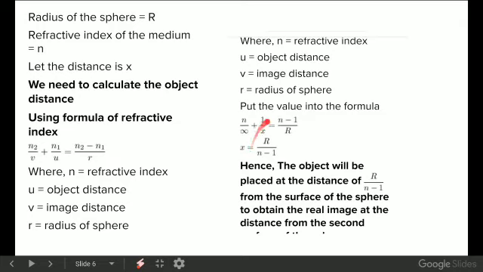So x equals R by n minus 1. When we do the cross multiplication, R into 1 is R, and x into n minus 1, and we need x. So we will get R by n minus 1. So the object should be placed at R by n minus 1 distance to form the image at the same distance on the opposite side.